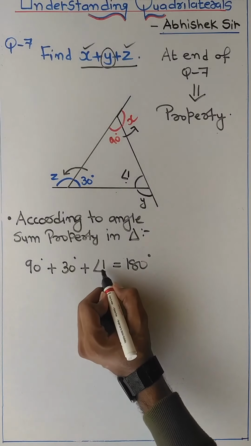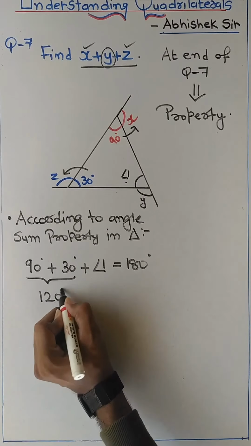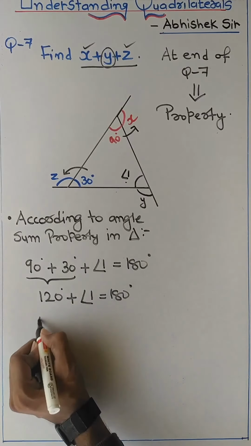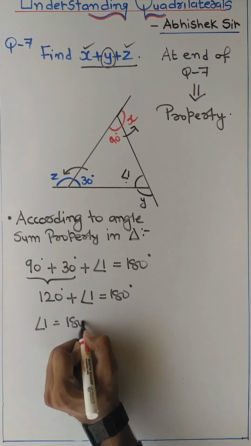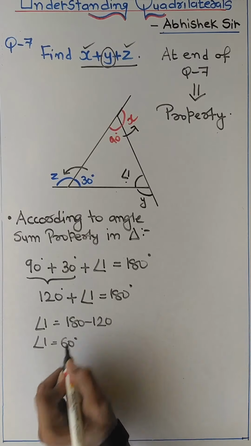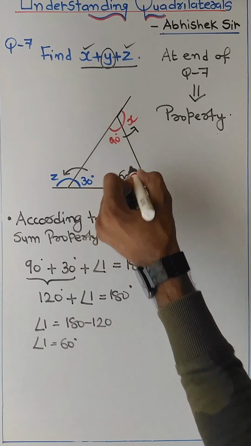So let us go for angle 1 quickly, add these two, it will be 120 degrees plus angle 1, that is 180, right? So what is angle 1? That is 180 minus 120, and what is that? 60, right? So instead of angle 1, let us write 60, right?